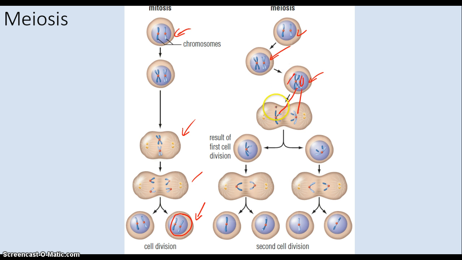One of the dark blue is going here, the other one's going here. Therefore, each cell has only half the number of chromosomes of the parent cell. In the second division, those daughter cells each divide again without duplicating their chromosomes.